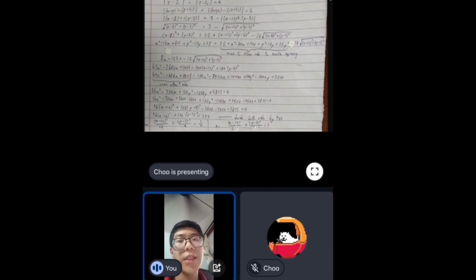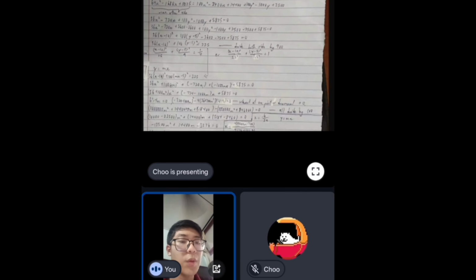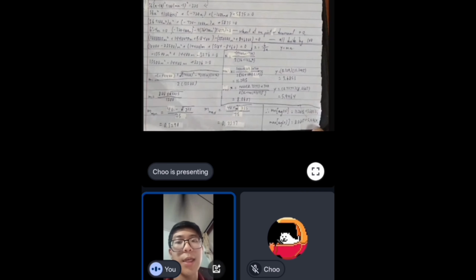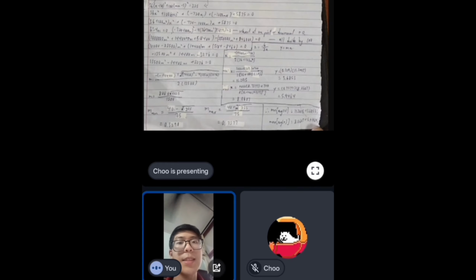Now on to the argument. We're finding the maximum and minimum argument. The way we calculate it is just using y equals mx. This straight line from the origin, when it intersects our ellipse, because it's the maximum and minimum, there is only one point in contact. So we can use discriminant equals 0, or basically b squared minus 4ac equals 0.